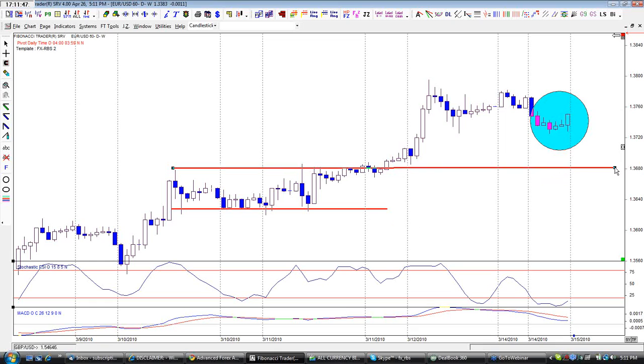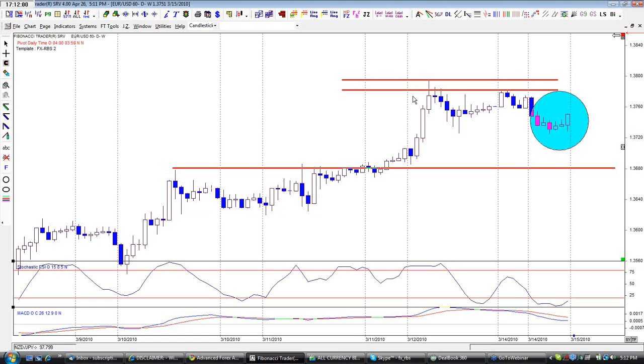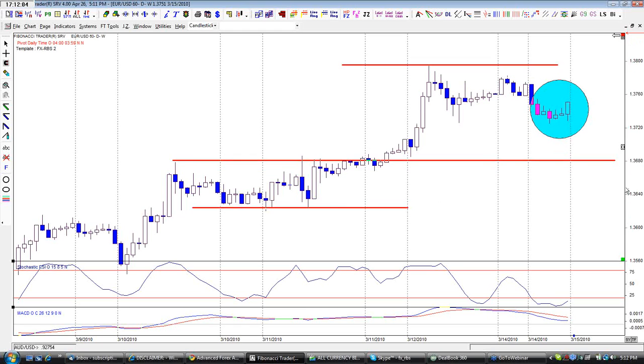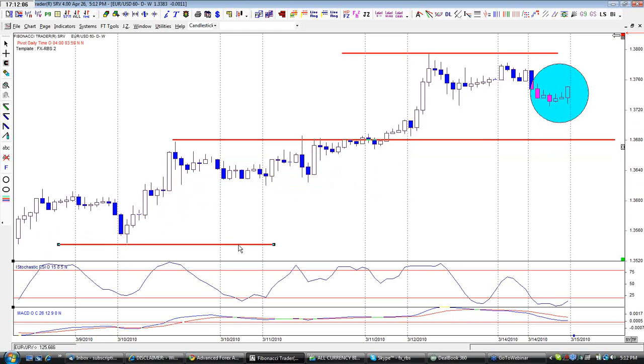And I know probably you use support only as a line, and some of you guys would say, okay, this here is a resistance, this here is support, then my next support is here.